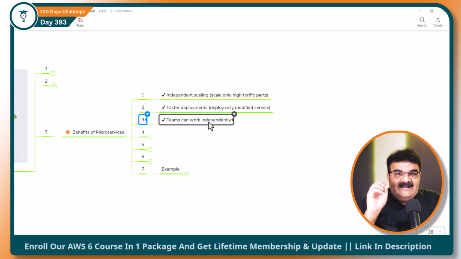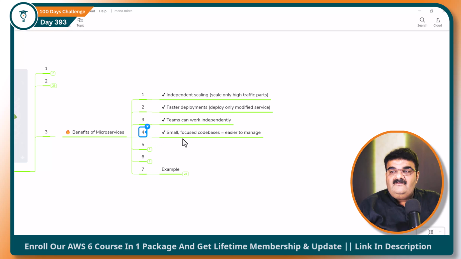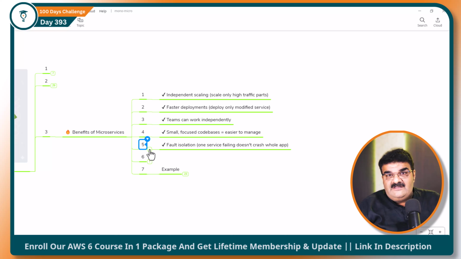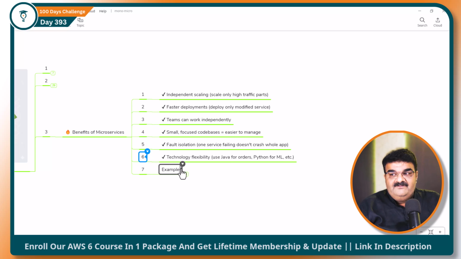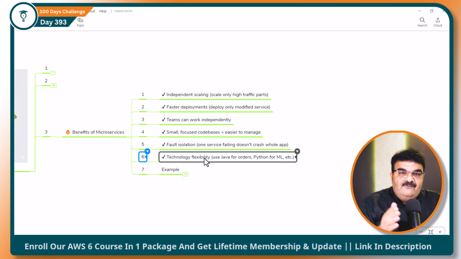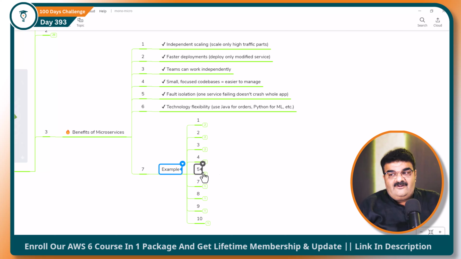So the entire team is working on a specific microservice. A small, focused code base is easier to manage, and it is also easier to troubleshoot. Technology flexibility: for some of your microservices you can use Java, for others you can use Python. So you have the flexibility to use any technology.